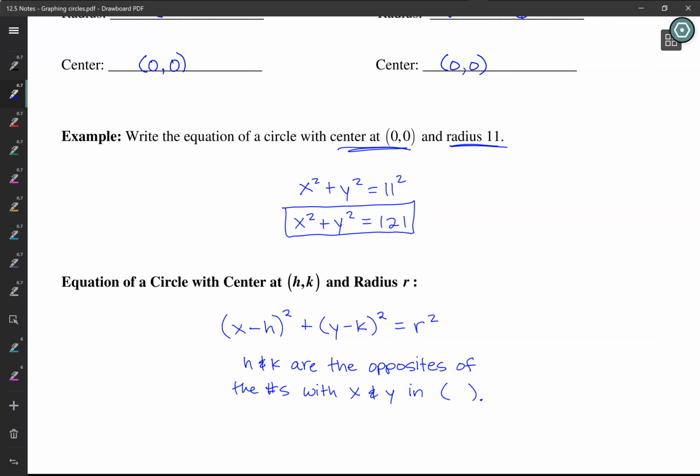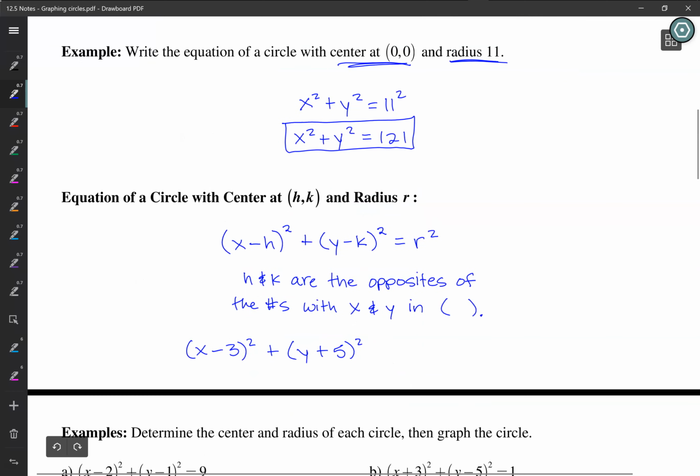So for example, if you saw (x minus 3) squared plus (y plus 5) squared, h would be 3 positive, k would be negative 5. Opposite of negative is positive. Opposite of positive is negative. The center would be 3, negative 5.